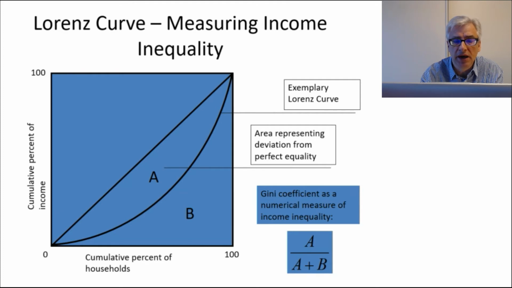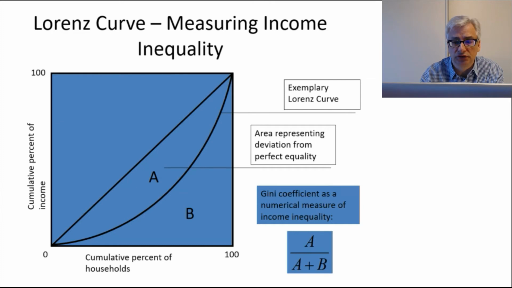As you remember, A represents deviation from perfect equality. So the more unequal the income distribution, the bigger is A, and the smaller is B, obviously. Therefore, the Gini coefficient measures income inequality. If this inequality in income distribution grows, then the A area grows and the Gini coefficient gets bigger.